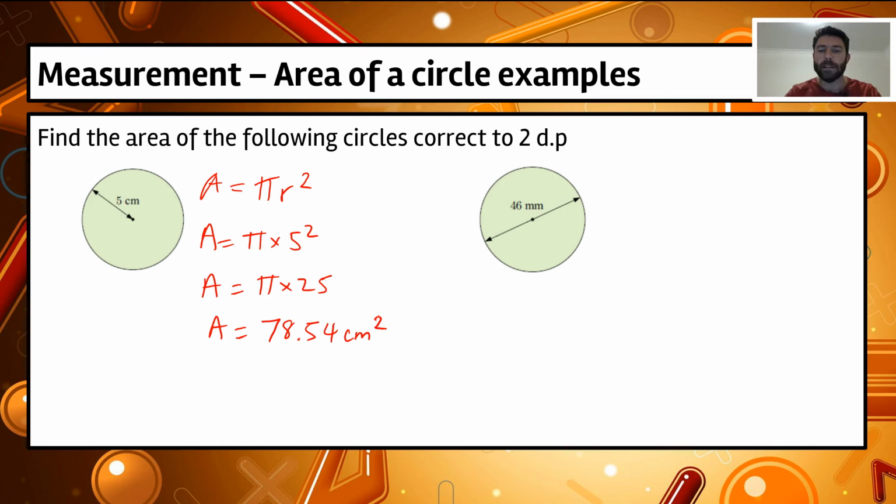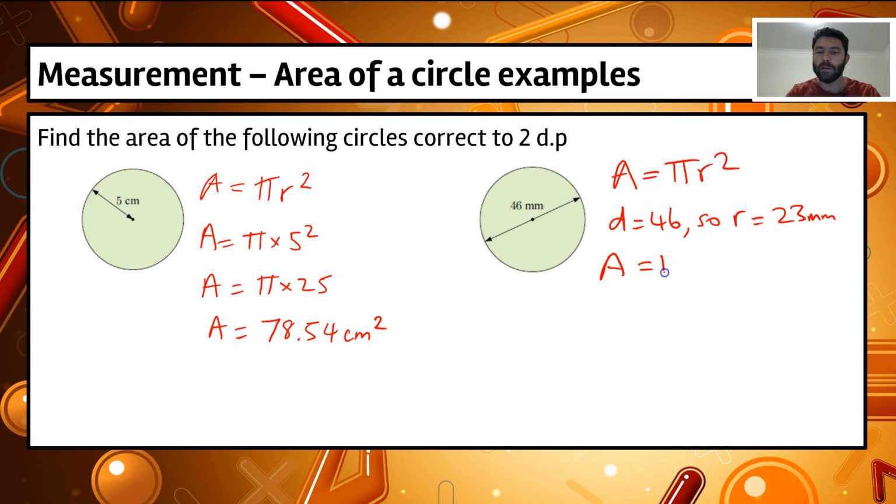Okay, over in our second example, we're given the diameter. Now we need the radius for the circle for the area formula. So what we'll do here is write the area equals pi r squared. As we're given the diameter equals 46, so we can say that the r must equal half of the diameter, which is 23 millimeters. So now we can substitute that in.